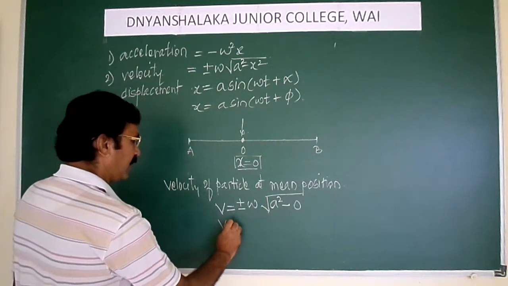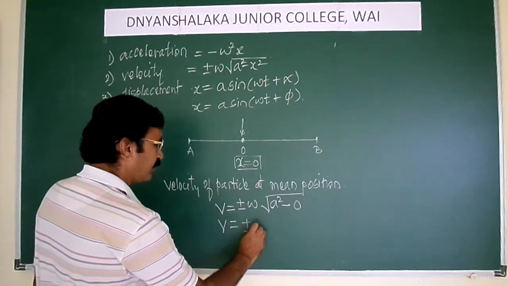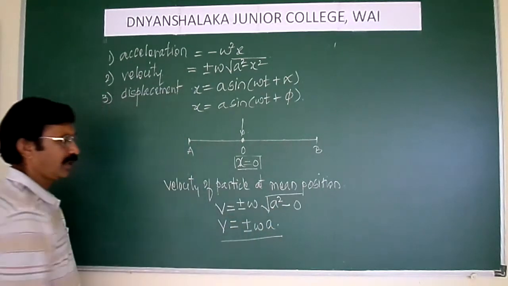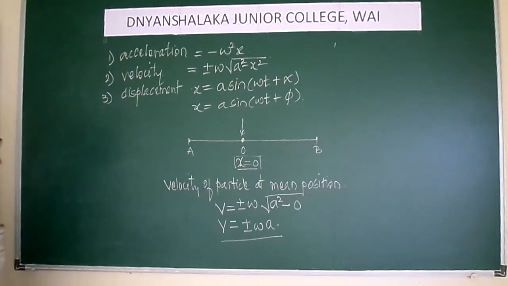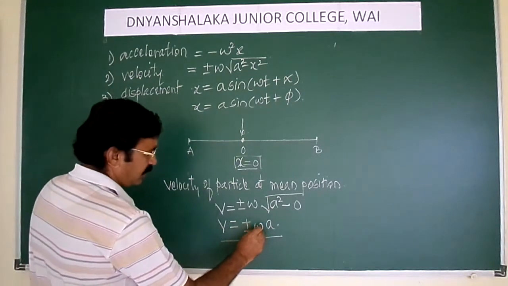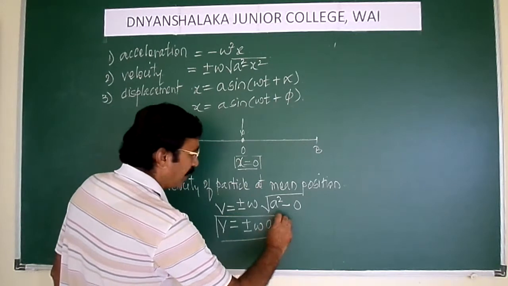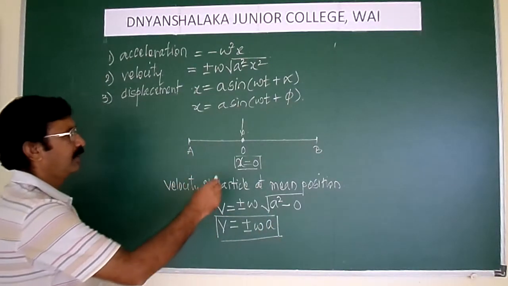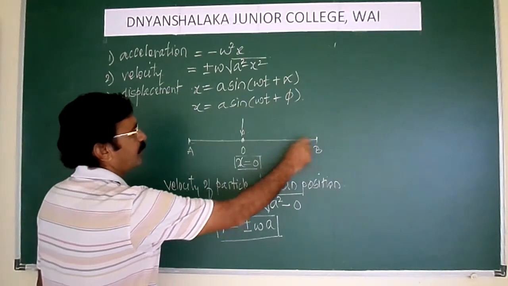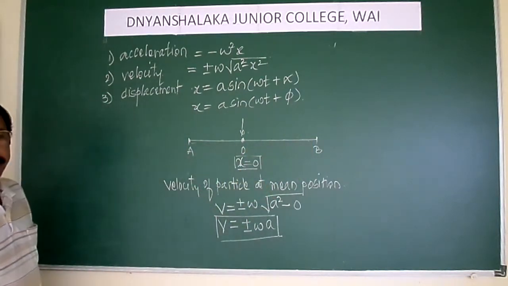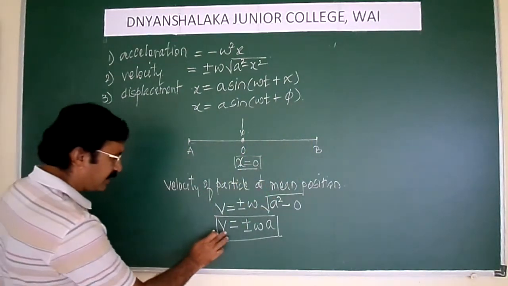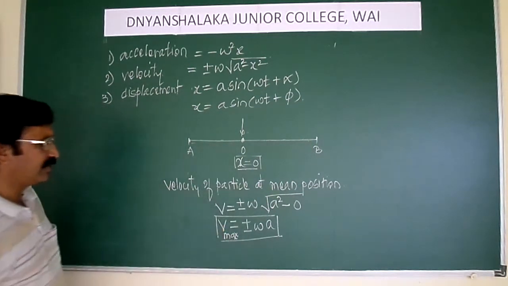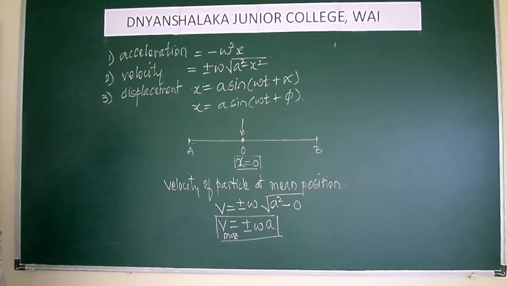So V will be equal to plus or minus omega under root a square, which is a. And so this will be the maximum velocity possessed by the particle when it is performing simple harmonic motion. We can treat this velocity as maximum velocity, and mark it as Vmax.